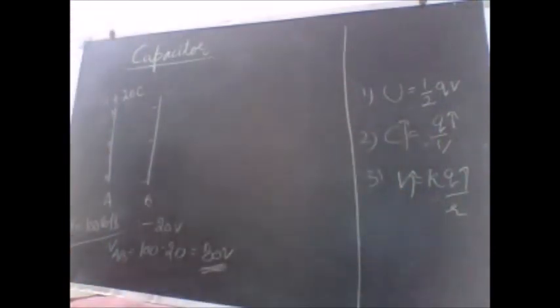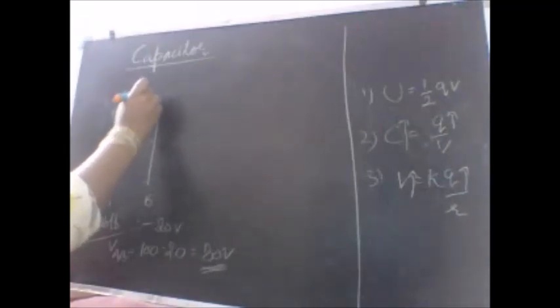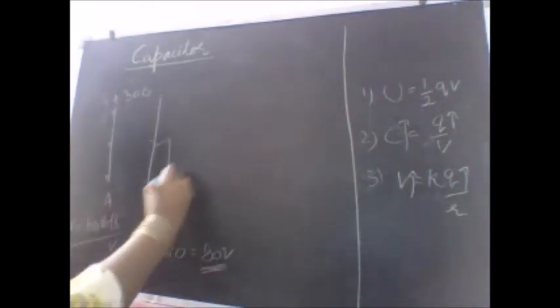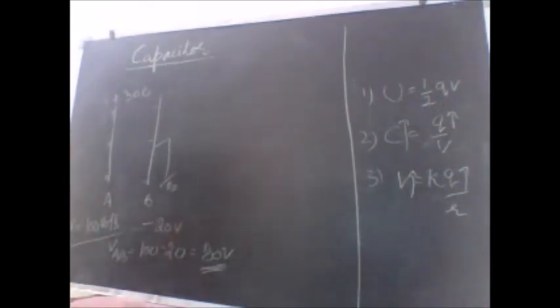Assuming the total charge that I can give is 30 coulomb. It can store a total charge of 30 coulomb after this configuration, after earthing. So can we calculate the capacitance now?